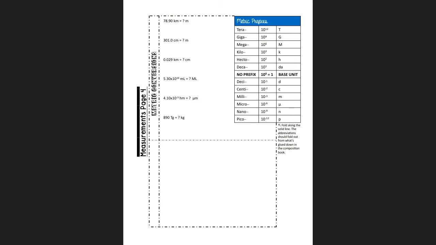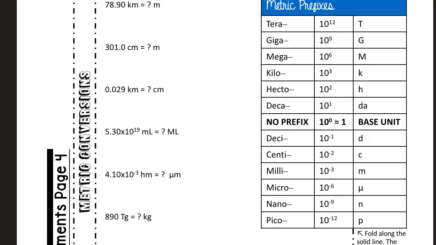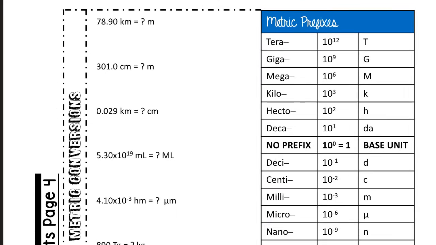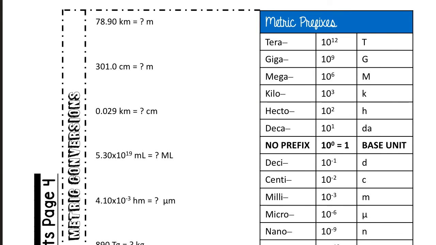All right, the last part is to do some conversions. I'll walk you through a couple of these, and then you can do the rest on your own. So we're starting with 78.90 kilometers, and we want to go to meters. Again, I'm going to take my known and put it on the top. If I have kilometers on the top, I need kilometers on the bottom. 1 kilometer, and I can go over to the little chart here.